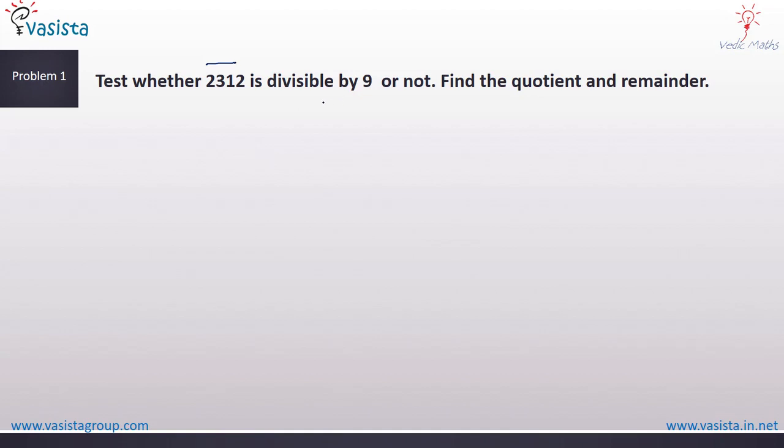This method you can adopt for any number which ends with 9: 19, 29, 39, 49, 59, 69, 79. If it is only prime numbers, you can go with 19, 29, 59, 79, 89, something like that, say 119. You can go with that.